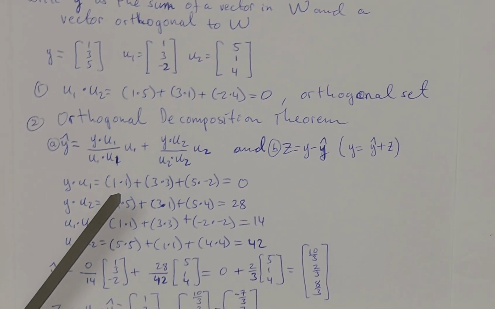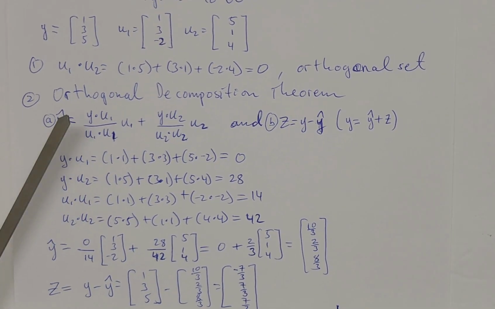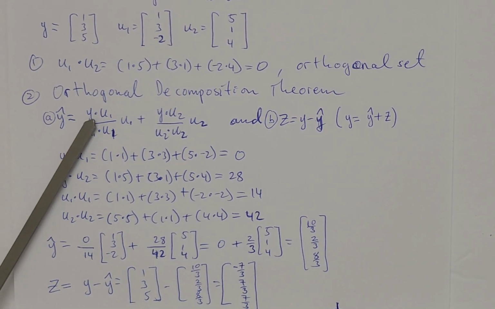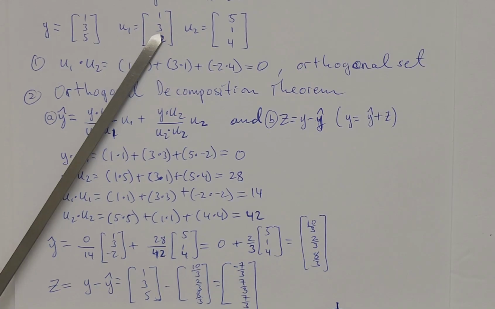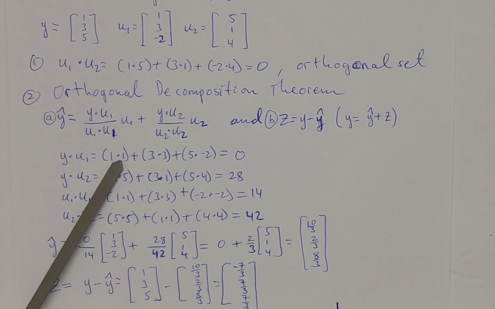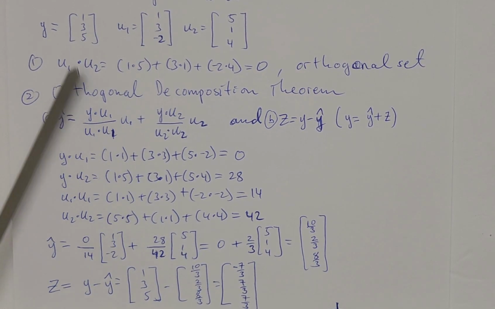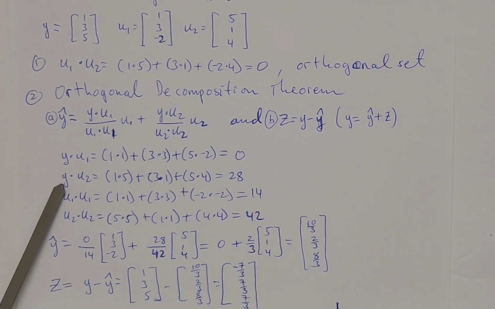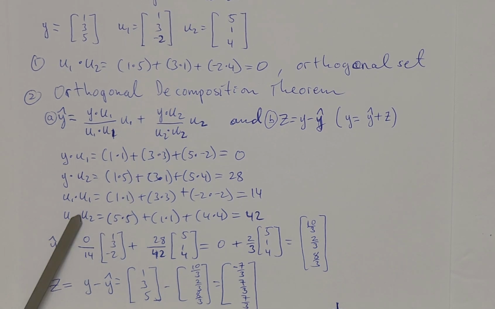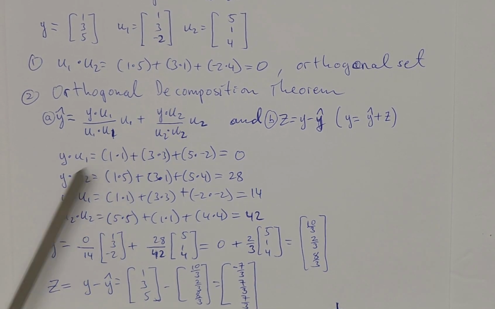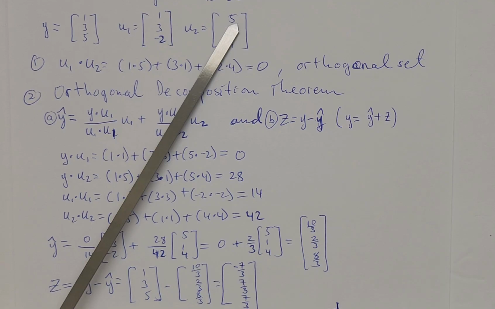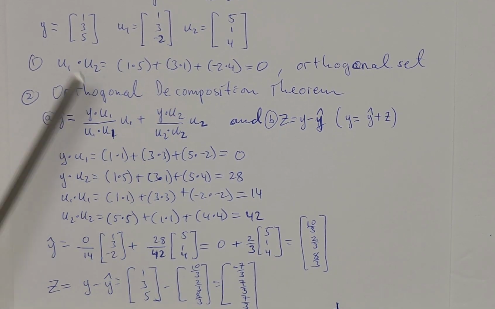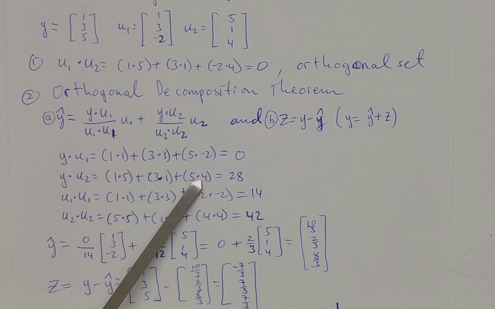So here, let me scoot up a little bit. Y times U1: 1 times 1 here, 3 times 3 here, 5 times negative 2 here, simplify gives me 0. Y times U2: 1 times 5 is here, 3 times 1 is here, 5 times 4 is here.